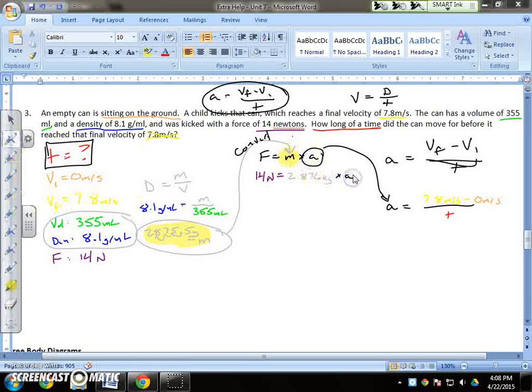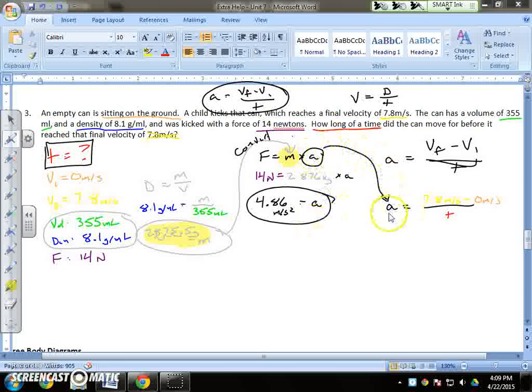times A. And so to figure out my actual A, I divide both sides by 2.87. So 14 divided by 2.87, or approximately 3, is going to give you a nice little acceleration equals 4.86 meters per second squared. And again, this whole thing is going to follow this arrow right here.